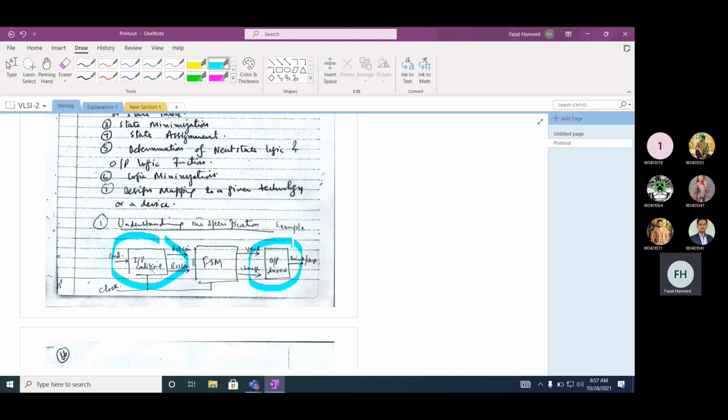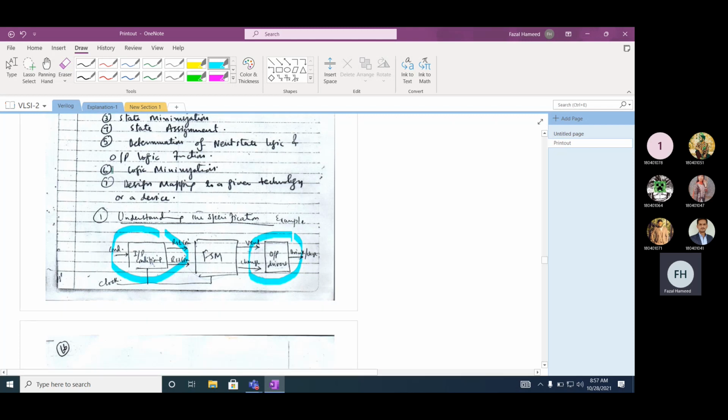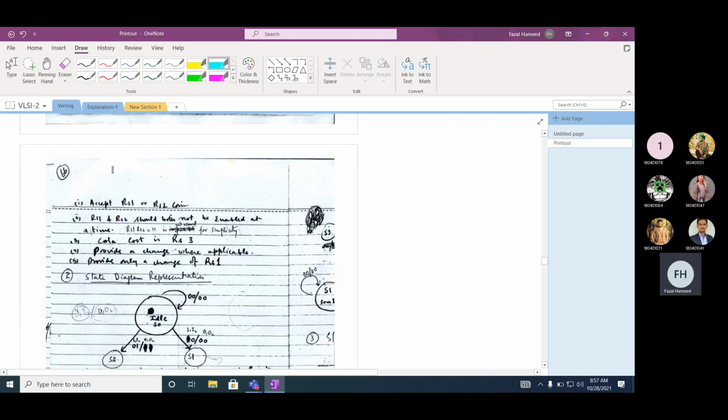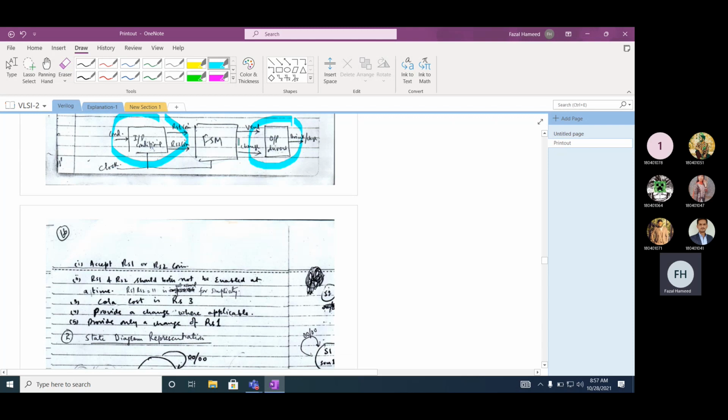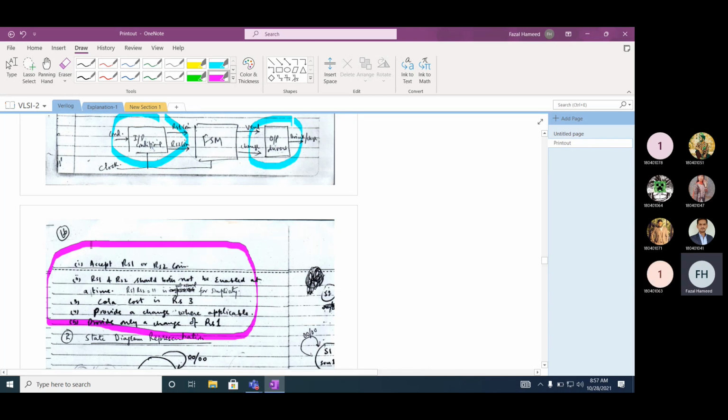This is our assumption. Now these are the specifications. I already explained them to you. Now we have understood the specification.